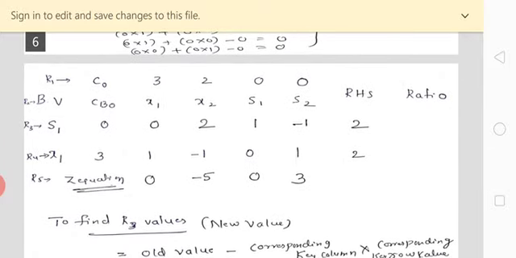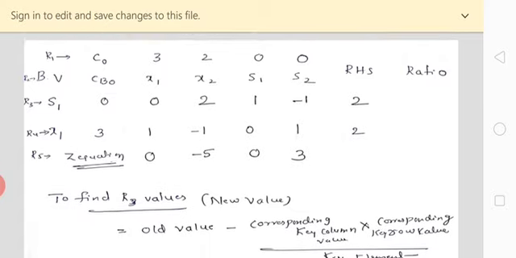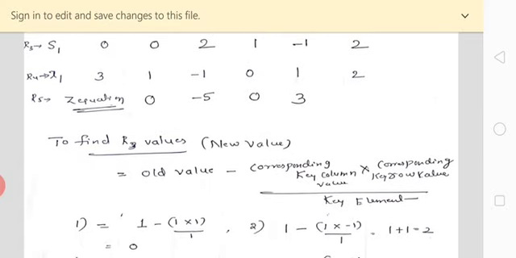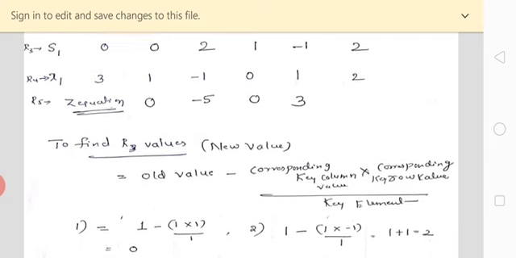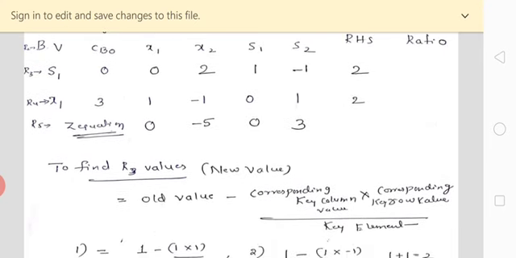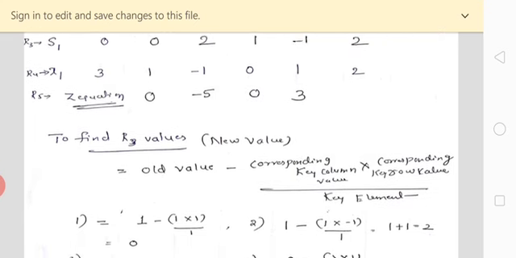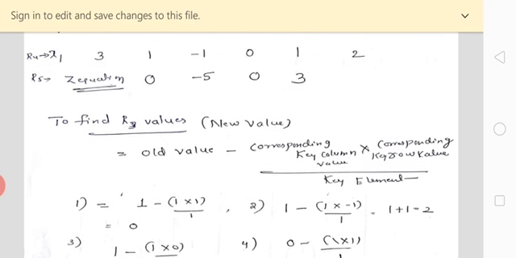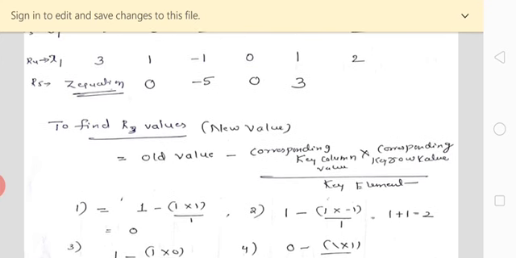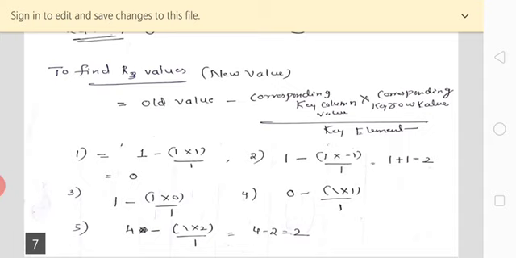Under column x1 0, under column x2 2, s1 1, s2 minus 1 and RHS 2. These are the new values you need to enter here. The formula is: old value minus corresponding key column value into corresponding key row value, divided by the key element.